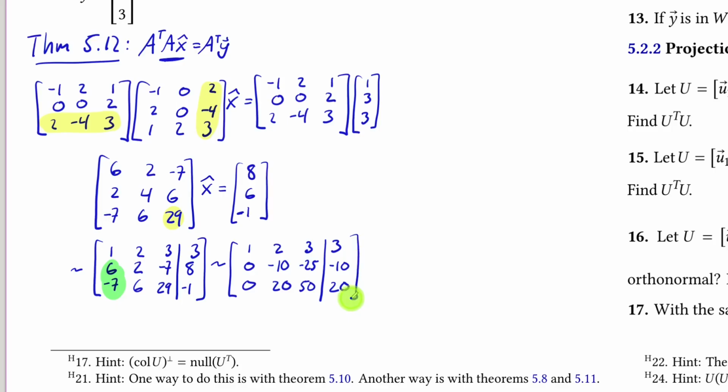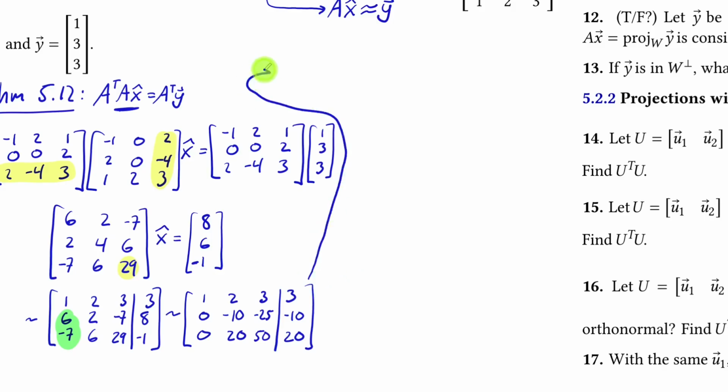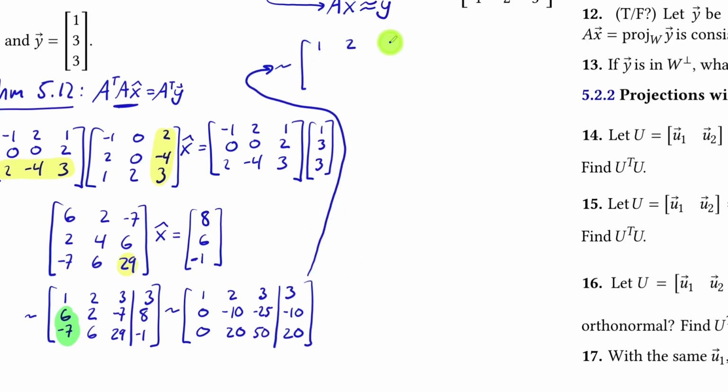At this point, I notice row 3 is a multiple of row 2, which means adding 2 times row 2 to row 3 to replace row 3 will completely eliminate row 3. So we can do that.